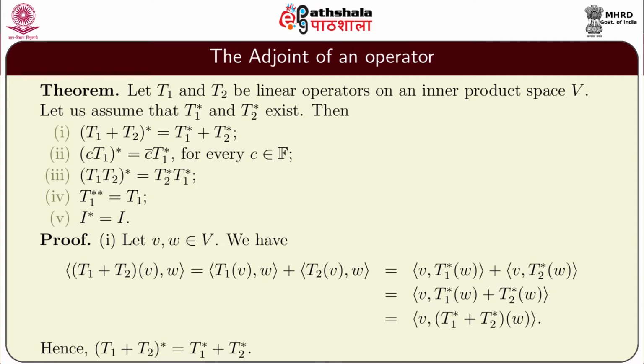Before we start proving, let us make this remark that here V is not necessarily a finite dimensional inner product space, and that is why we need to assume that T1 star and T2 star exist, because we have already made this comment that finite dimensionality of the inner product space is extremely important for the existence of the adjoint operator.